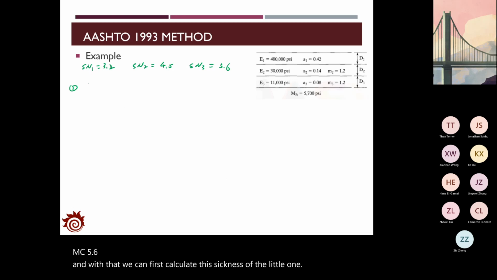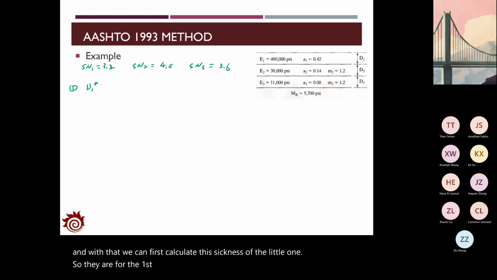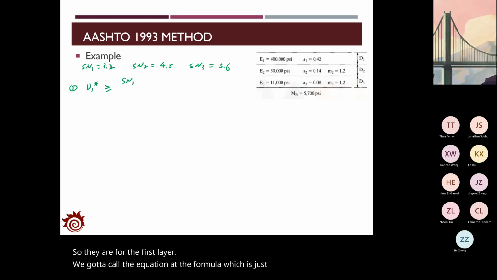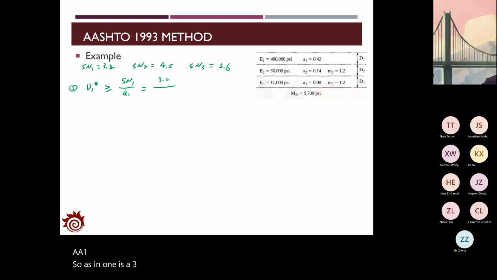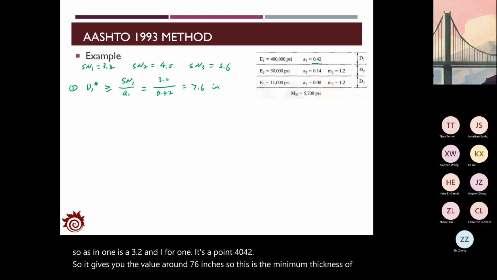For the first layer, we use the formula we just introduced: D1 equals SN1 divided by alpha 1. SN1 is 3.2 and alpha 1 is 0.42. So it gives you a value around 7.6 inches. This is the minimum thickness of the surface layer.